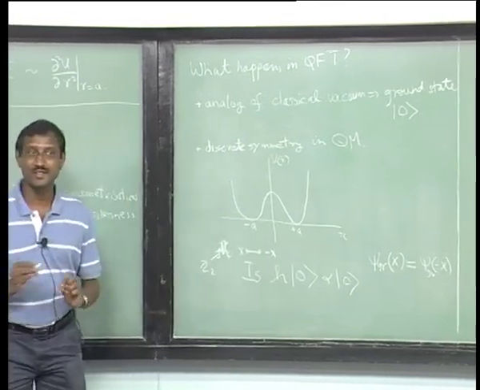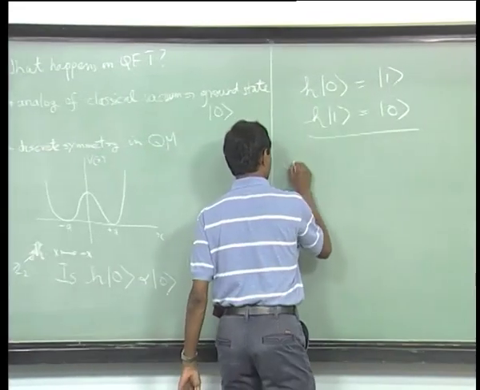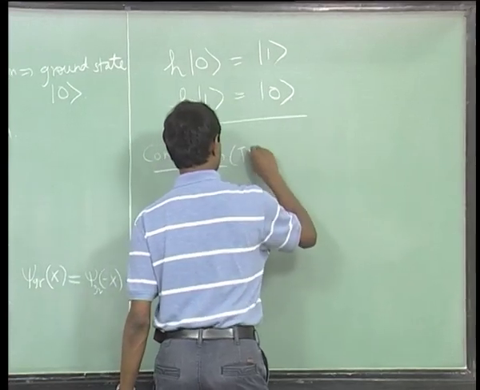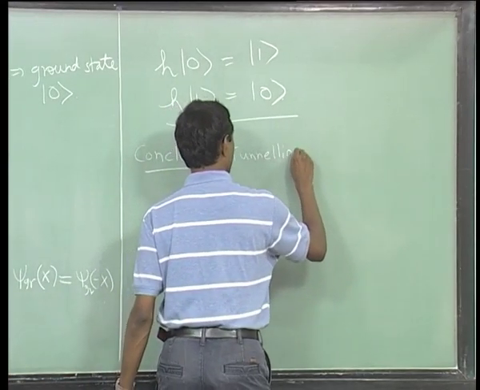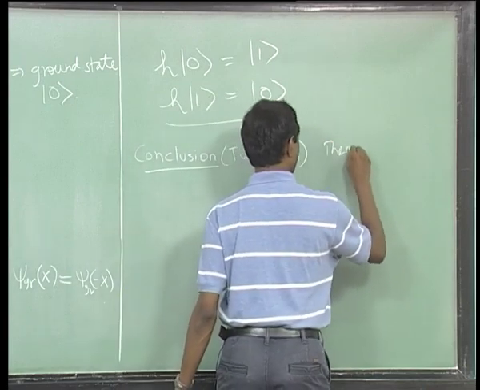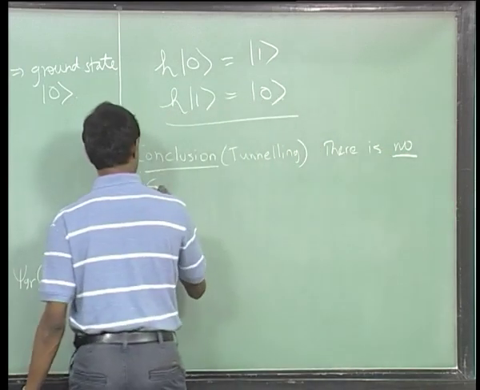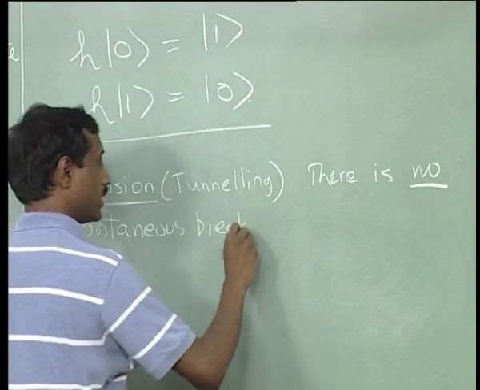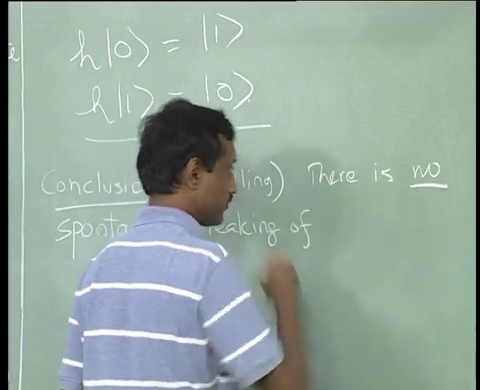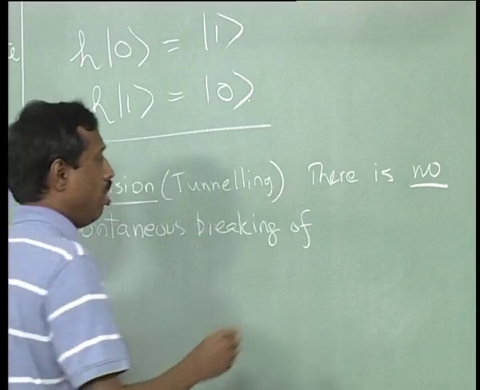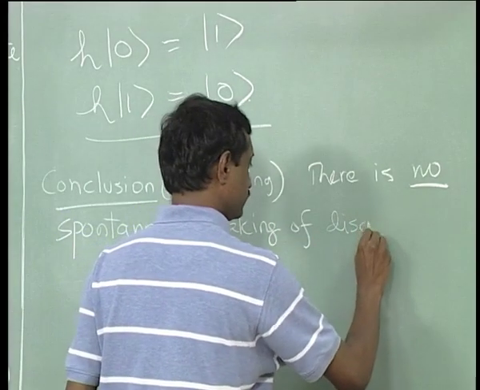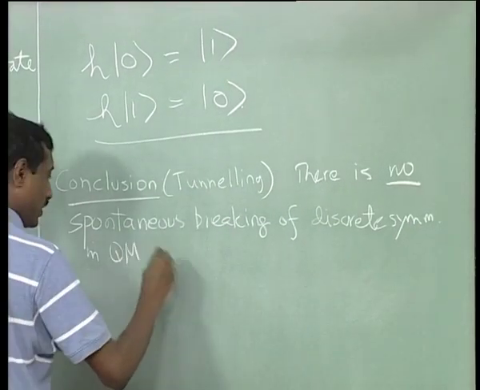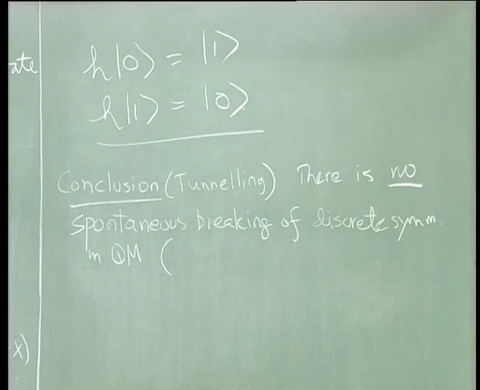So the conclusion is that, just based on tunneling arguments, there is no breaking of a discrete symmetry in quantum mechanics.